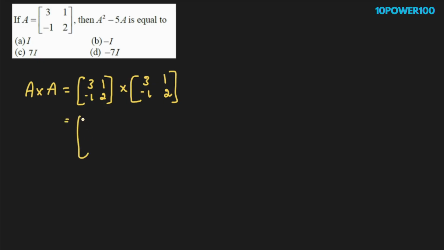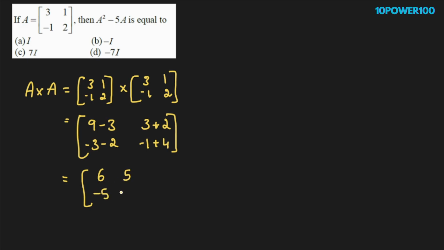If we calculate this, what do we get? 3 3s are 9, 3 1s are 3, 1 2s are 2. Next, minus 1 into 3 is minus 3, 2 into minus 1 is minus 2, and minus 1 into minus 1 is 1, plus 2 2s are 4. We get 9 minus 3 is 6, 3 plus 2 is 5, minus 5, and plus 3. So this is A square.